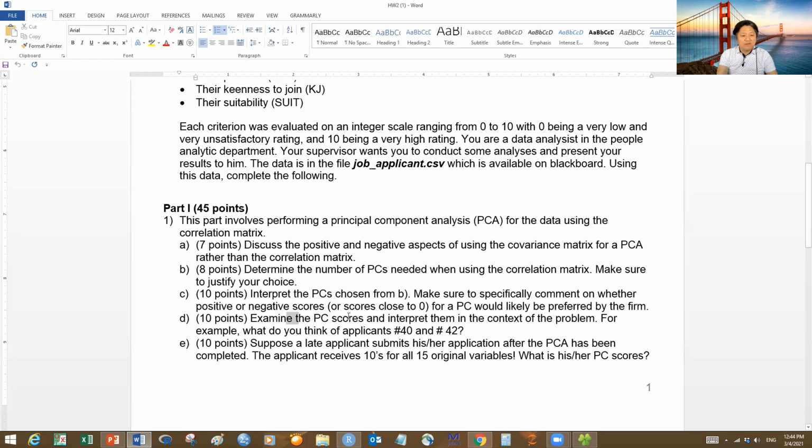So you can obtain PC scores and interpret them in the context of the problem, okay? And then, for example, what do you think about applicants 40 and 42? You can find applicants 40 and 42, and compare their principal components, like the factor scores.